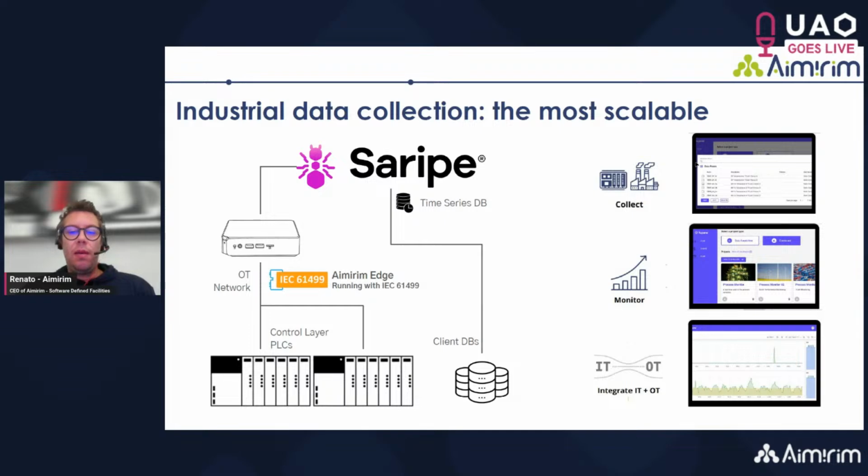And this is basically the integration of IT world with OT world. So you can monitor, you can store your data, and it's very, very scalable because it's based on IT concept of storing data, collecting data, which is more than proven around the world about its scalability. So we could do that using the 61499 together with IT technologies.